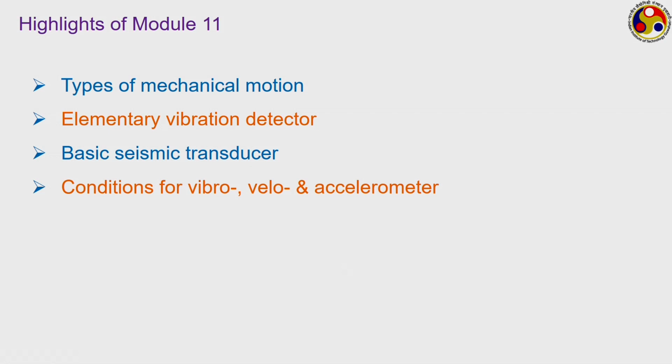For vibrometer and velometer we need the natural frequency omega n to be very small, and the natural frequency can be small only when the mass is large and k is small, whereas for an accelerometer we want the natural frequency to be high, and it can be high when the mass is small or k is high. And finally, we briefly touched upon the vibrational exciter systems.